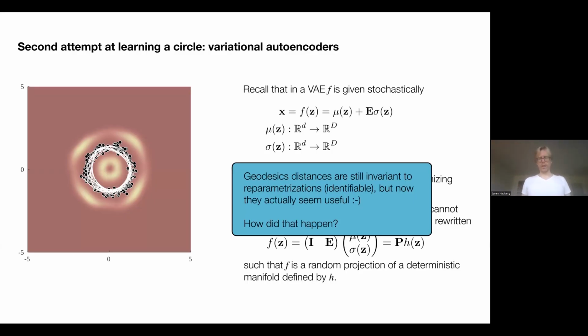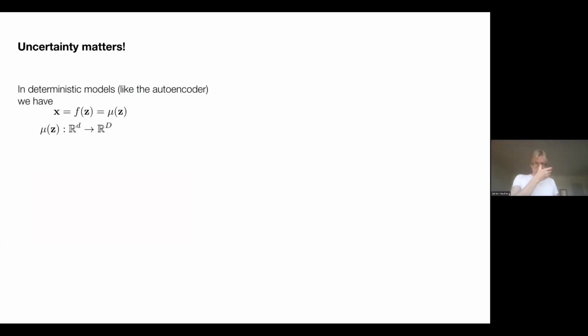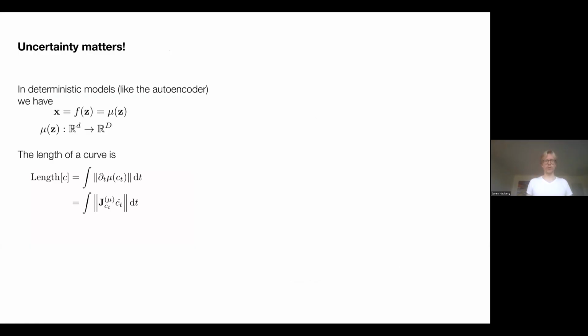So how on earth did that happen? Okay, let's first look at the model that only considers the mean. In this particular case, the length of the curve, you arrive at that by integrating the Jacobian of the mean times the velocity of the curve. That's just straightforwardly following the chain rule from the definition of the length of a curve.